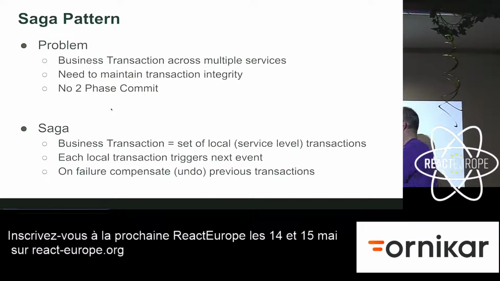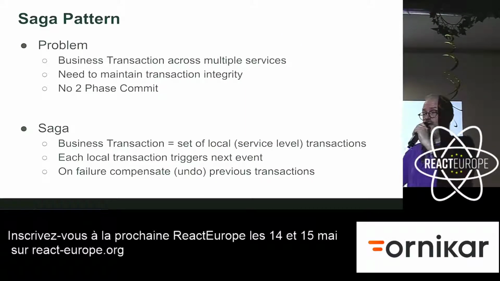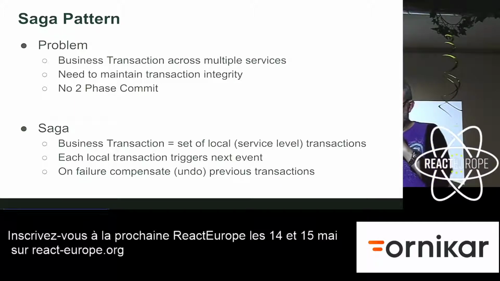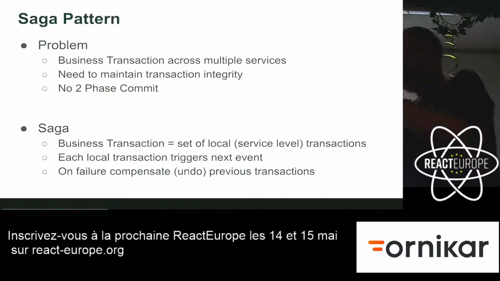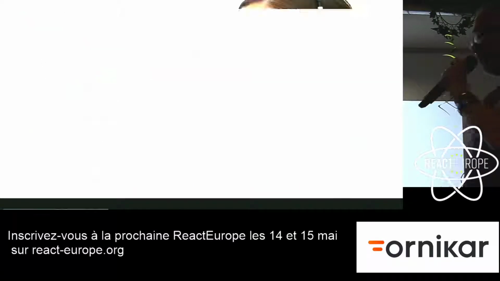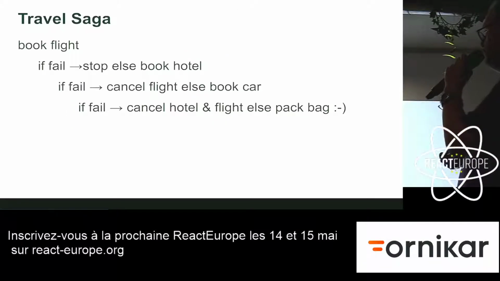Other things that we could do with this is we could do a Saga Pattern. So if you've got multiple calls to different services and you want to have some kind of transactional integrity, but you can't use something like XA or two-phase commit, you can have compensating steps. So we can use it to act as a travel agent.